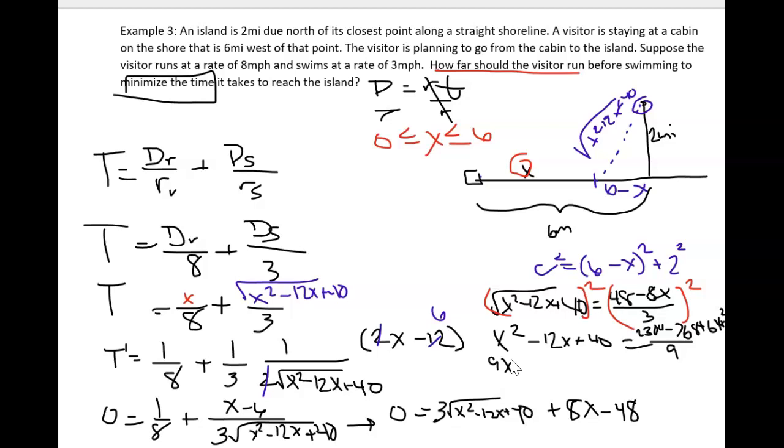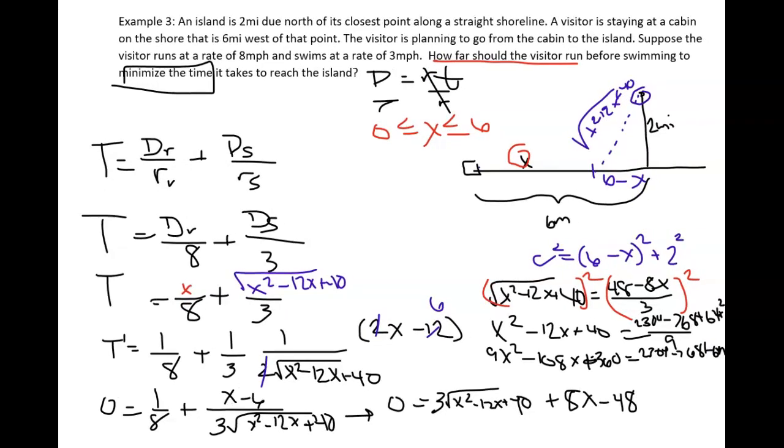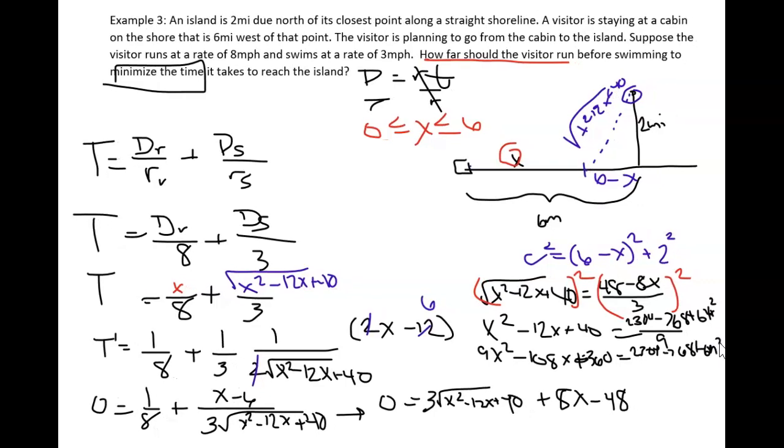I've got 9x squared minus 108x plus 360 equals all of that numerator over there: 2,304 minus 768 plus 64x squared. Oh, I'm just going to move that. Okay, so we know what the numbers are, we just can't really see them.